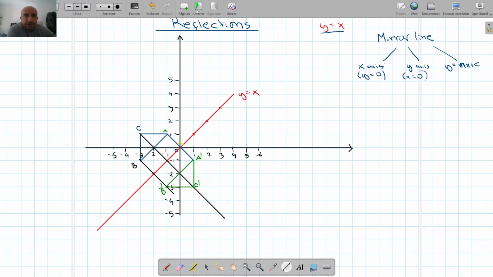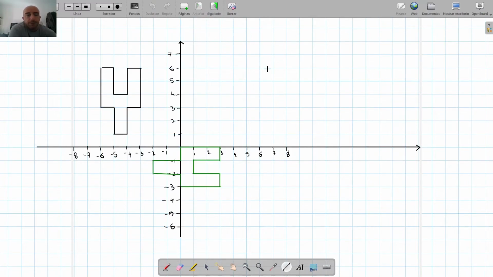Now let's look at the other type of exercise, where we are given a figure and its transformation. We can see it's a reflection here, because if we try a rotation, you'll see that not all the angles are the same. So it's a reflection, and we need to describe it fully.